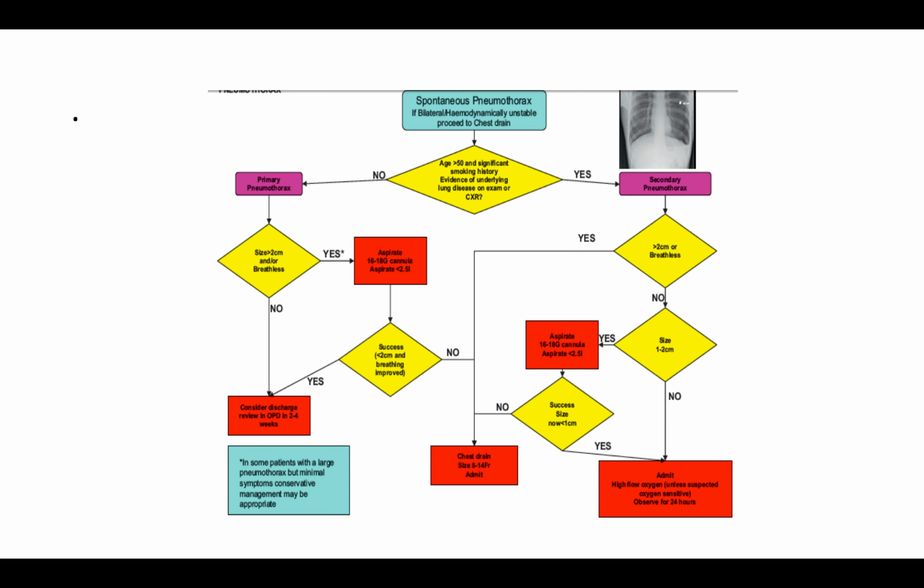So, the first thing that a clinician needs to decide is whether this is a primary pneumothorax or a secondary pneumothorax. If there is a history of pre-existing lung disease like COPD, or the patient's history and chest X-ray are suggestive of pre-existing COPD, or in a patient above the age of 50 there is a significant smoking history, then the pneumothorax should be treated as a secondary pneumothorax.